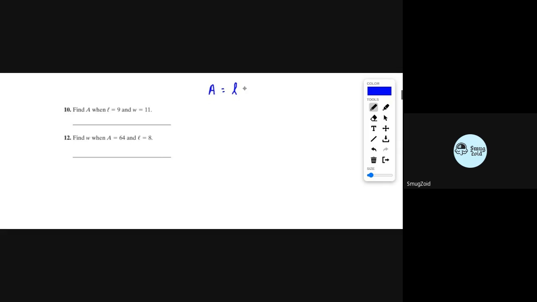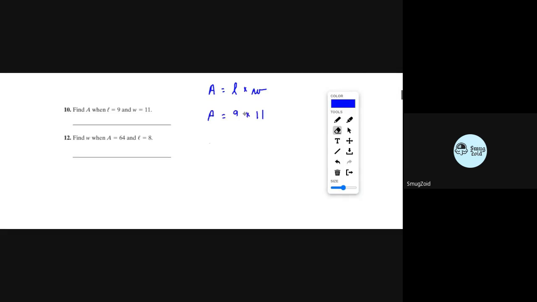Next one's a little more complicated. So erase this. I'll show you why. They give you the area. In this case, it's 64 units squared, right? It's going to be equal to, they give us length, which is 8, times W, we don't know. So we'll just put W like this.